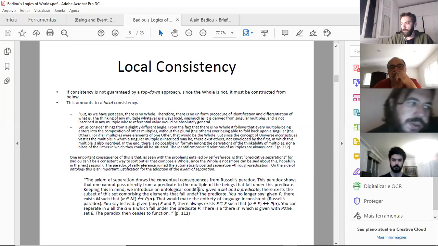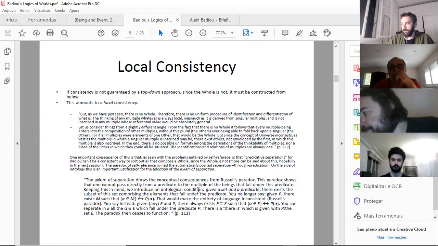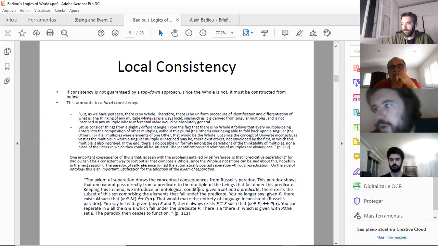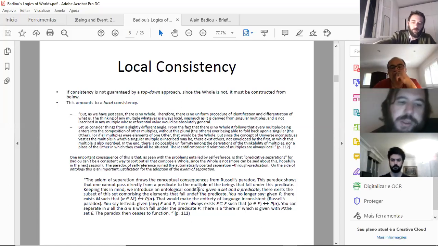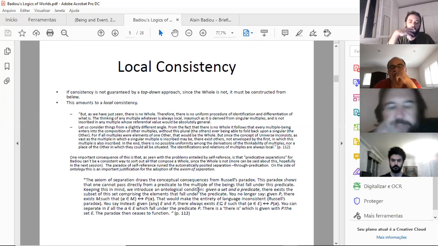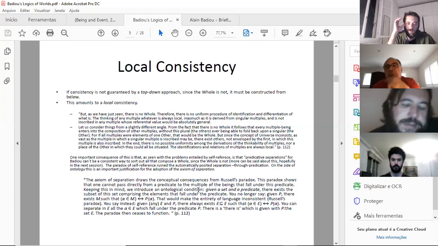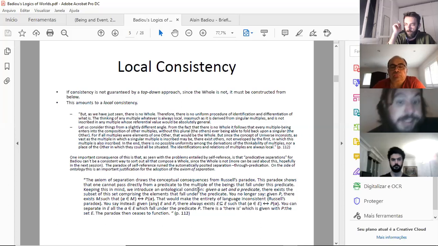Because you can't really commit yourself to such a universal scope of predicates that ought to be or can be instantiated. So you have the axiom of separation that presupposes a set that is already given, with a predicate that sorts out within the set the subsets that satisfy the predicate.